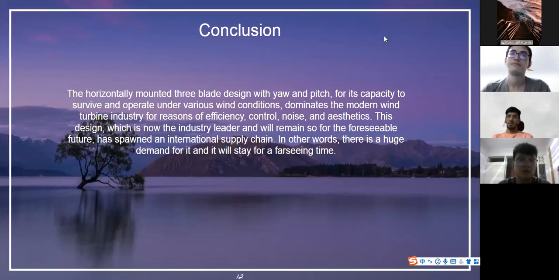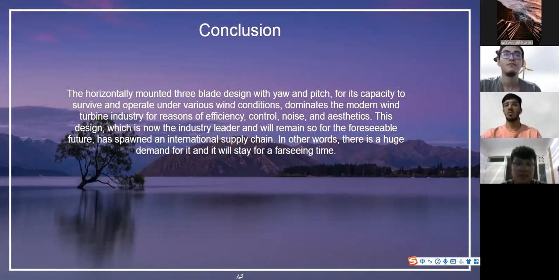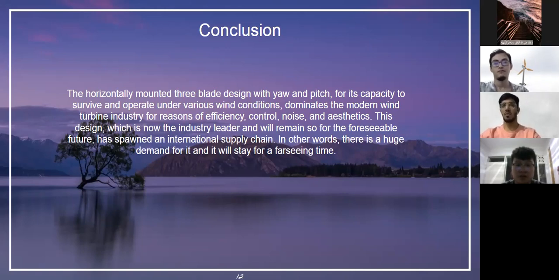Okay, for the conclusion, the horizontally mounted three-blade design with yaw and pitch, for its capacity to survive and operate under various wind conditions, dominates the modern wind turbine industry for reasons of efficiency, control, noise, and aesthetics.